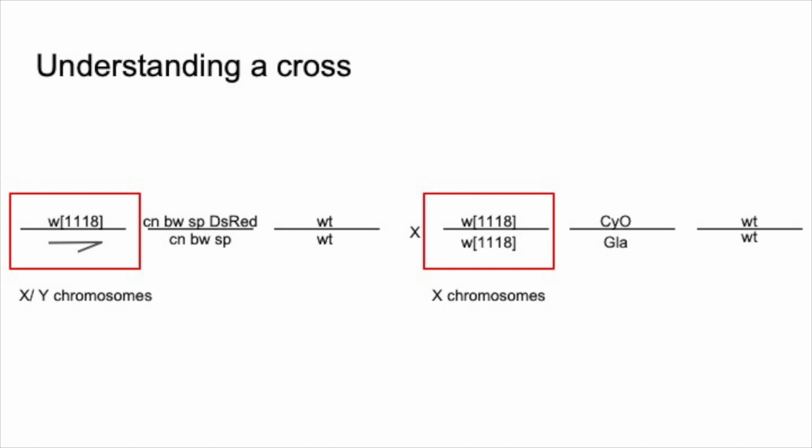The leftmost set of chromosomes are the sex chromosomes. In the male on the left, they have an X chromosome with the white 1118 allele over the Y chromosome, which is that half arrow-shaped line. In the female on the right, they have two X chromosomes, each carrying the allele white 1118.